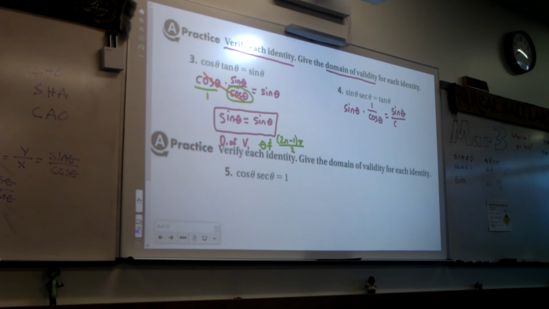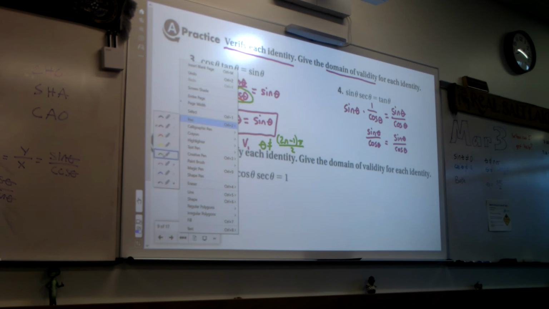Great. And then you do sine times 1 over cosine equals sine. Sine of theta over cosine of theta equals sine of theta over cosine of theta. Is that a true statement? Awesome. So then I can highlight it.